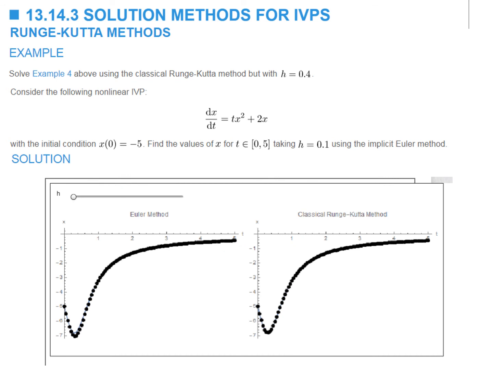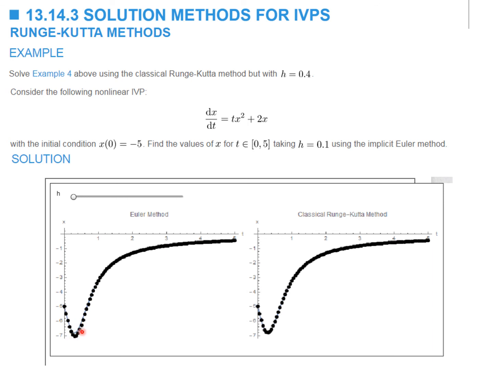We'd like to compare visually how this method compares with the Euler method. Of course, for a small value of h, when the time increment is small, whether we use the Euler method or the classical Runge Kutta method, they're both accurate, although the Euler method is still not very accurate where the slopes change rapidly.